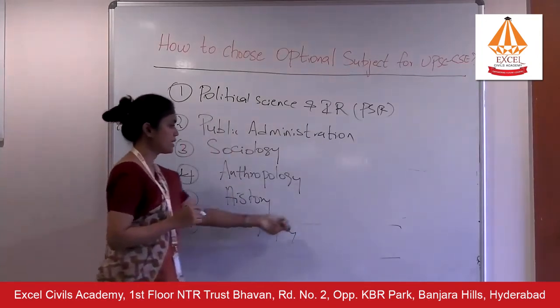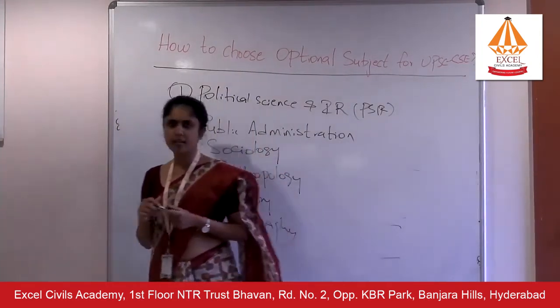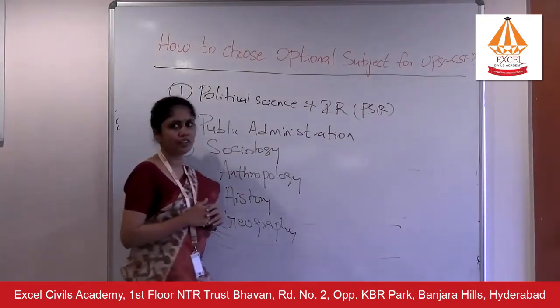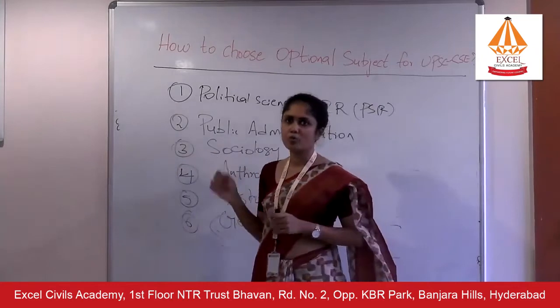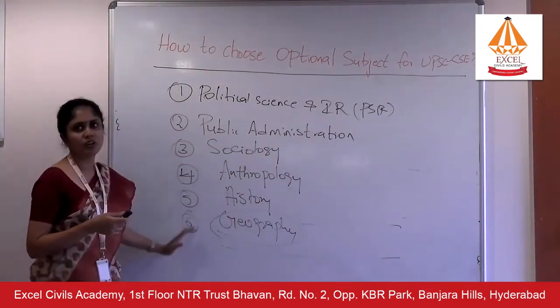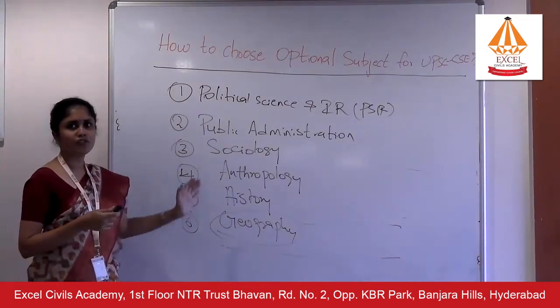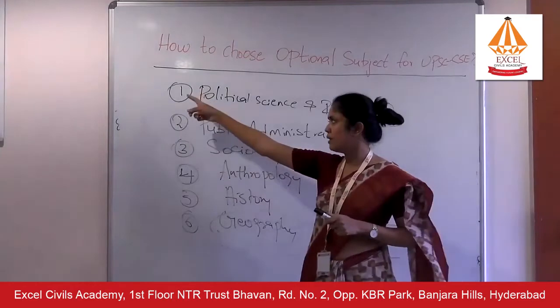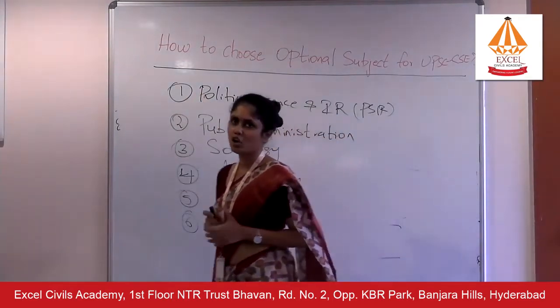Now, some of you may disagree with categorizing geography as a social science optional, but let us go with it for now, right? Now, these are some optionals which are very famous among aspirants. Many of them tend to take one of these optionals. Of those students who appear for the mains examination, 90% would have one of these subjects as their optional.